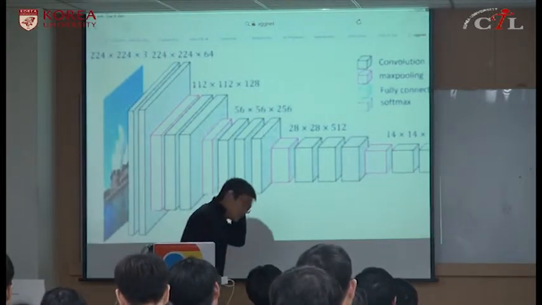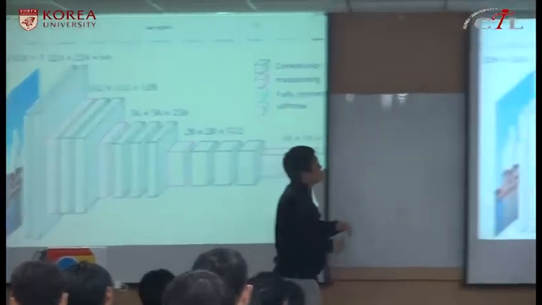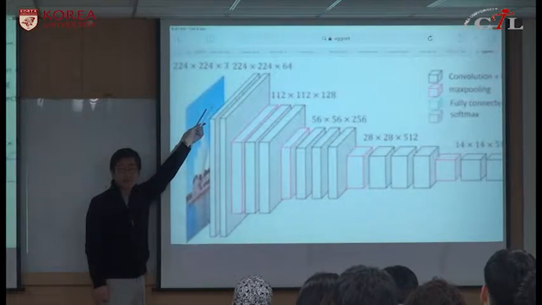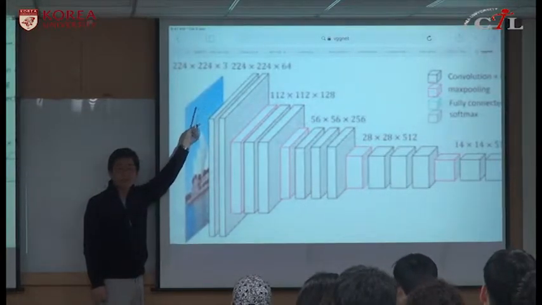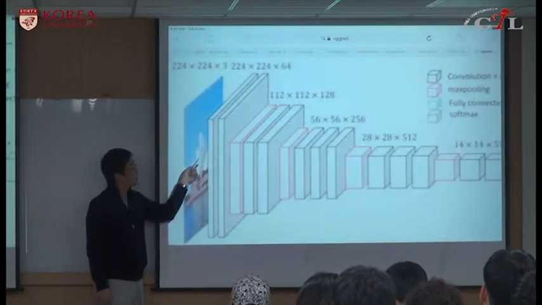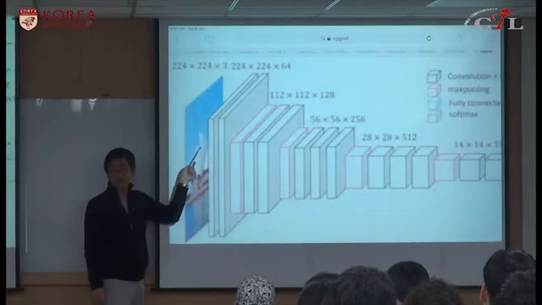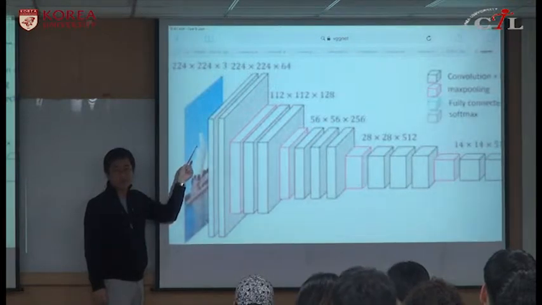And also, if the output activation map has a depth of 64, it means the convolution layer in the middle has how many convolution filters? 64, right?